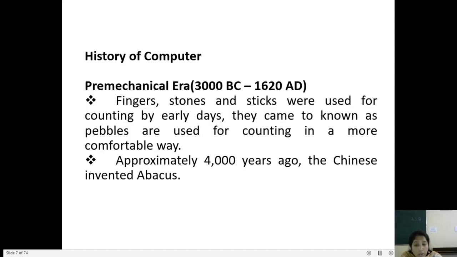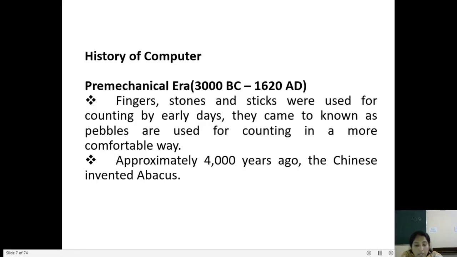Nowadays also our grannies use pebbles or similar things for counting, for example in a pebbles game. This type of thing was used in the pre-mechanical era, from 3000 BC to 162 AD, approximately 4,000 years ago from now. But still we are in practice because that is the basic thing used for counting.